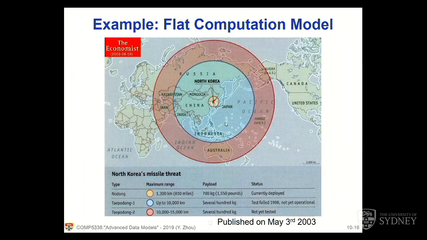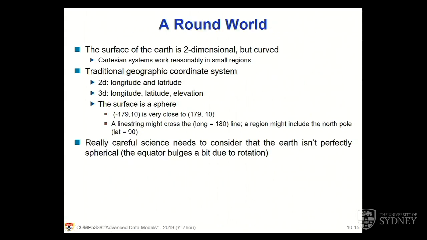Initially, even The Economist, which is considered a pretty serious magazine, made this mistake when they calculated the missile threat. They just drew a circle here, which is definitely not right.